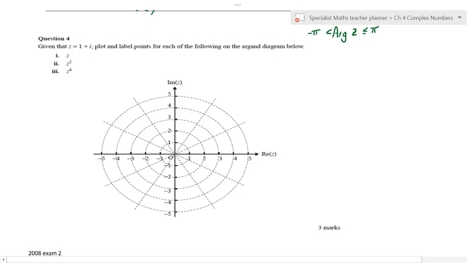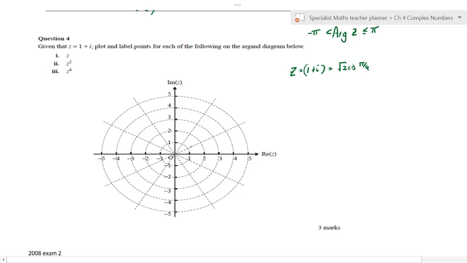Okay? So, first of all, it says, given that z is equal to 1 plus i. Now, the moment you see that we're squaring it and 2 to the power of 4 and so forth, you really need to convert to polar form. So 1 plus i is equal to root 2 cis of pi on 4. You should be able to recognise that straight away. The modulus is root 2, and the angle is pi on 4. Now also, root 2 is going to be somewhere in here for z.